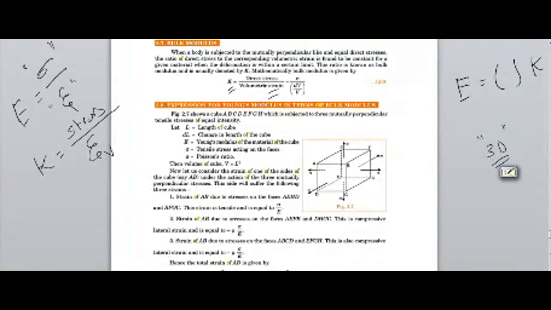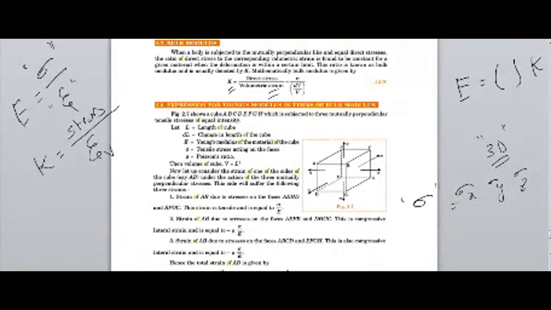Therefore, three different stresses, sigma x, sigma y, and sigma z, are applied on the component, which are all equal.